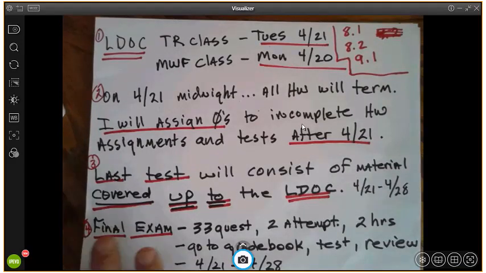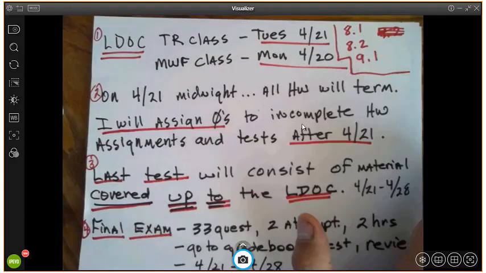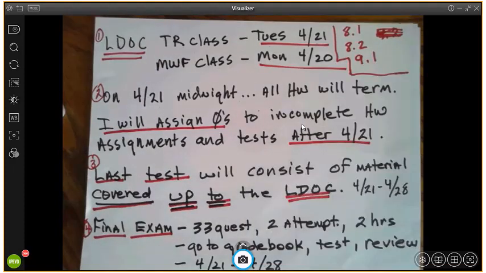The final exam will cover, I mean, not the final exam, the last test, which will be, is it called Unit 3 test or Unit 4 test? Unit 4 test will cover 8.1, 8.2, and 9.1, and you have until the 28th to do that, and you have until the 28th to do the final.